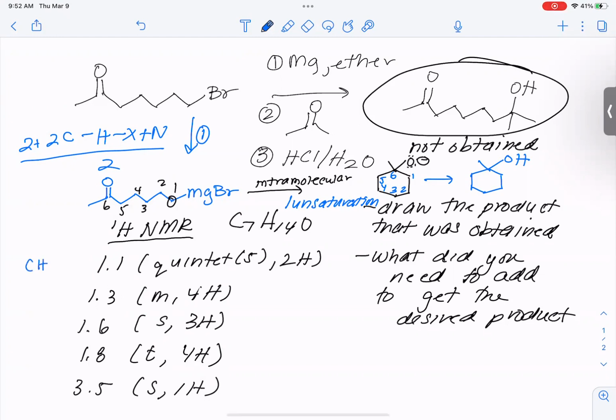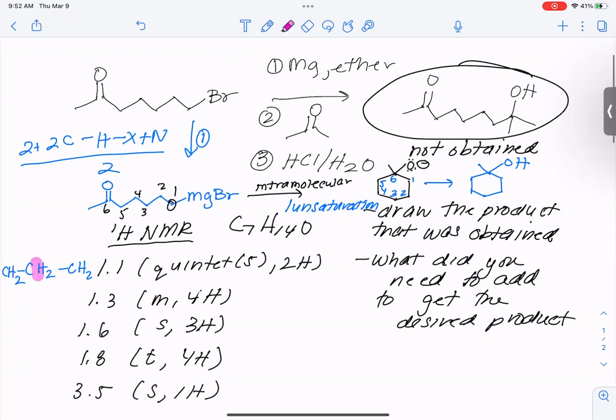It's a CH2 between two CH2s. So the signal is for those two hydrogens, and it's split into a quintet because of the four total neighbors.